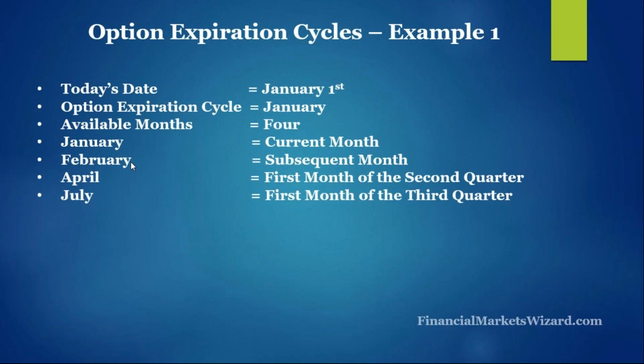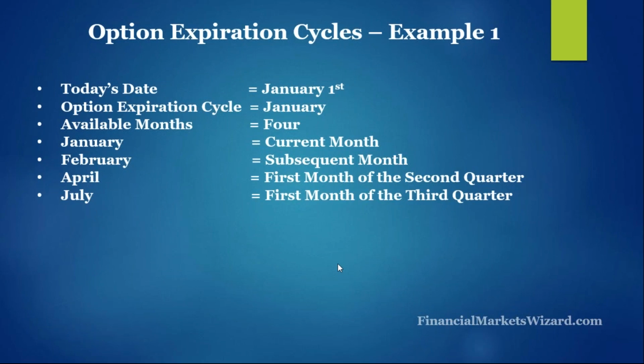Then the month of April is assigned because the stock is assigned to the January cycle. April is the first month of the second quarter, and July is the first month of the third quarter, so July will be assigned also. So for this stock having a January cycle, we will see January, February, April, and July listed.